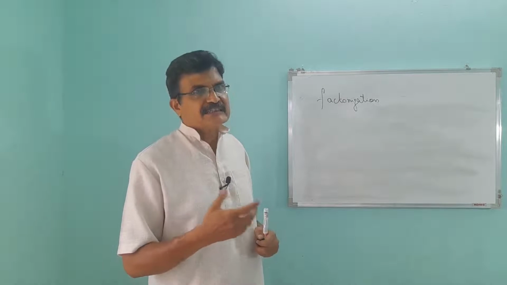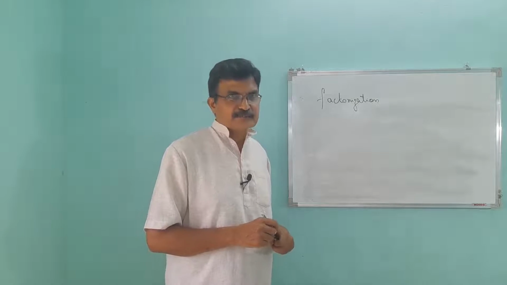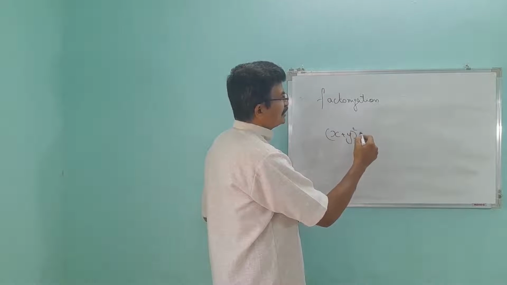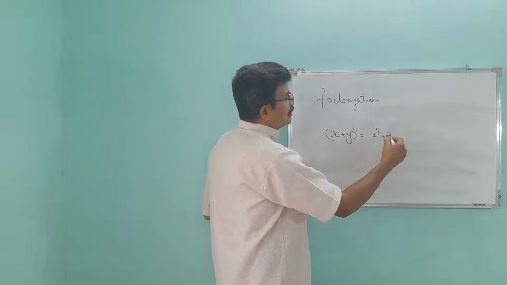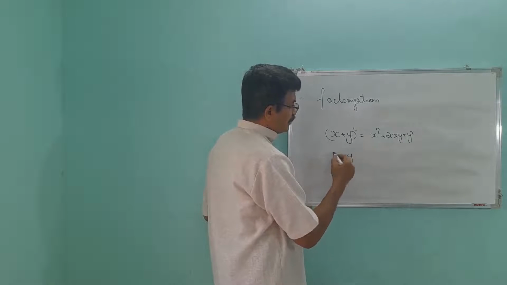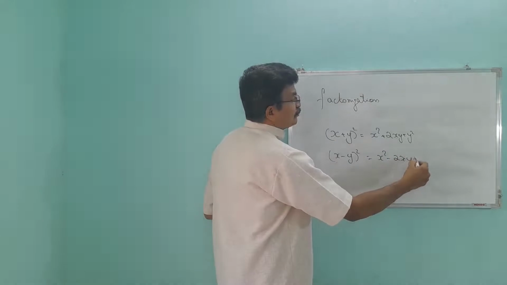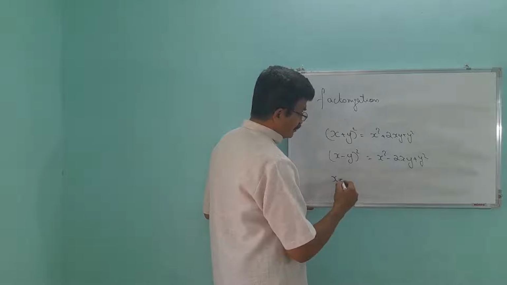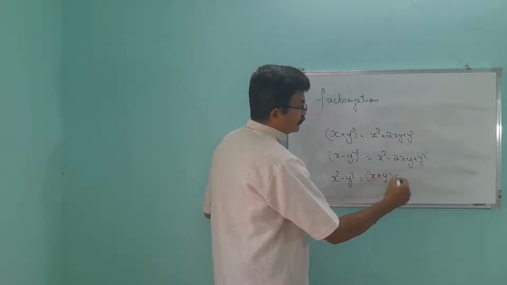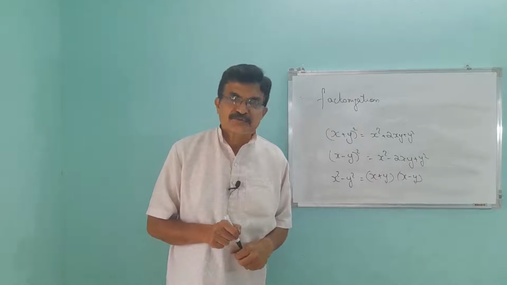We have studied in earlier classes some identities to factorize algebraic expressions. x plus y the whole square is x square plus 2xy plus y square. x minus y the whole square is x square minus 2xy plus y square. Then x square minus y square is x plus y into x minus y. These identities you have studied in the earlier class to factorize.